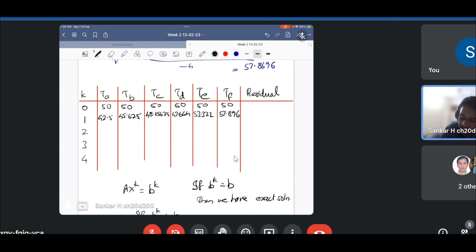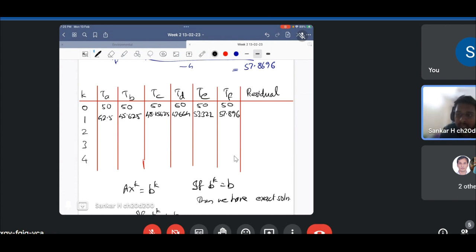Similarly, perform 4 or more iterations to find the values of TA, TB, TC, TD, TE and TF. What we should be arriving at is a steady state, in the sense of a value which converges to a particular temperature profile over here.